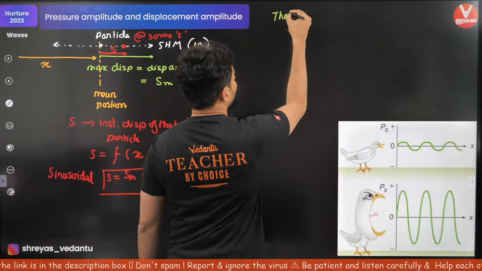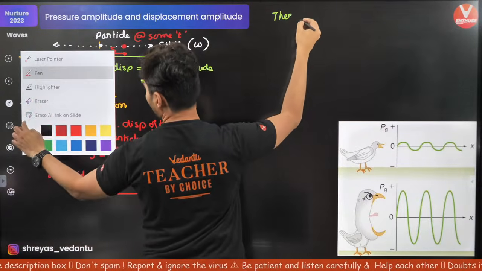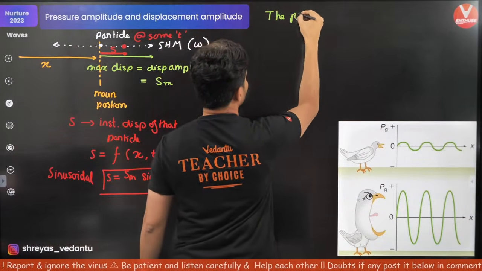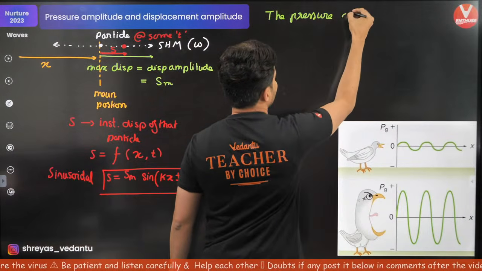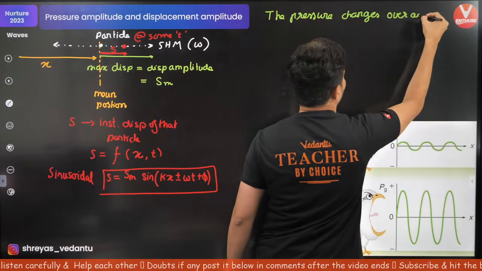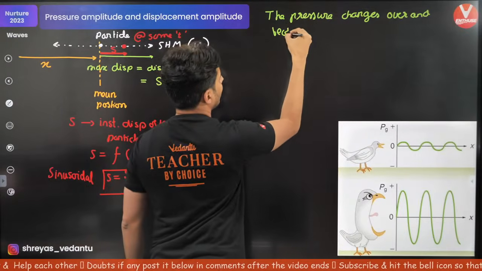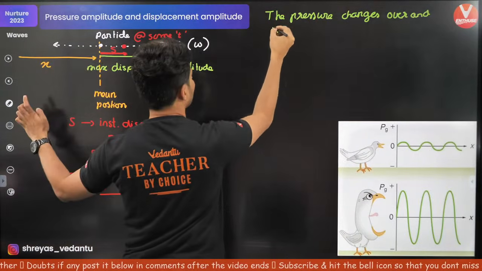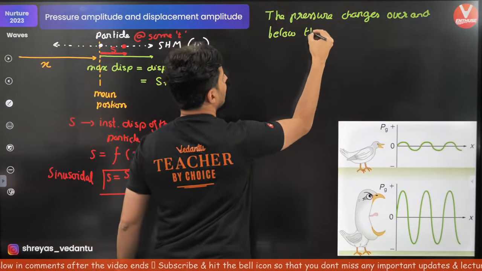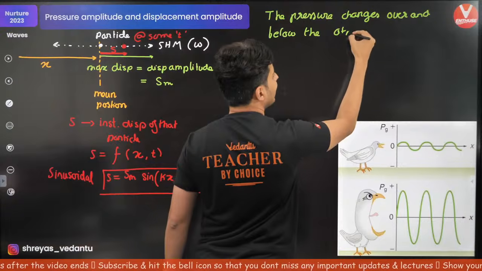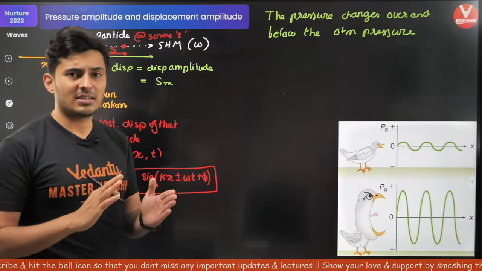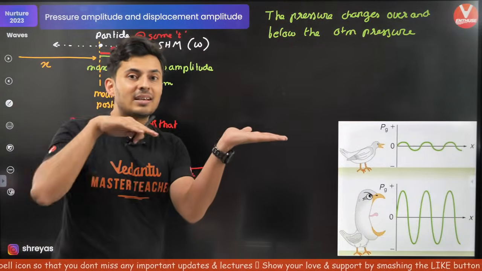The pressure changes over and below the normal or the atmospheric pressure, meaning these variations are there only because the sound is moving.